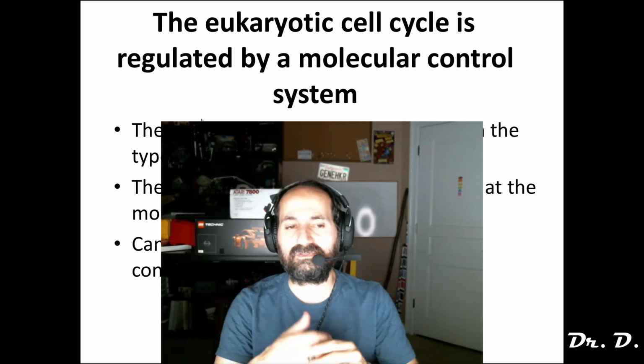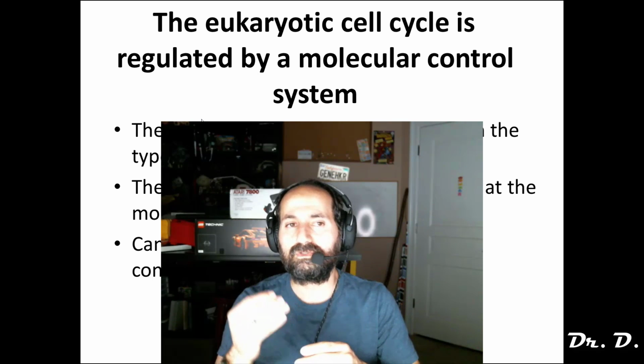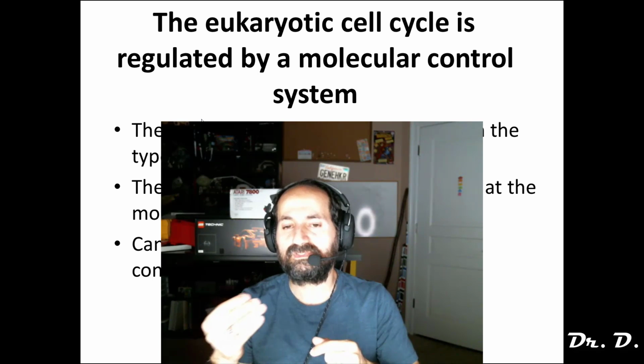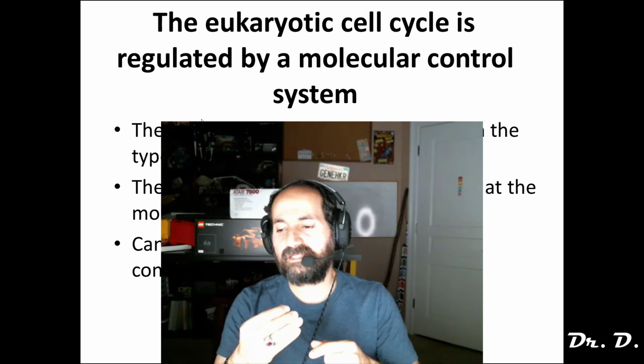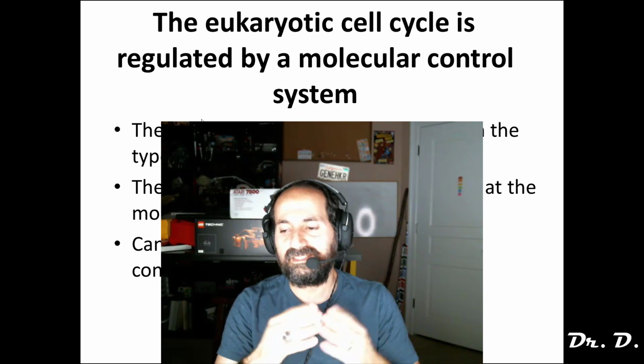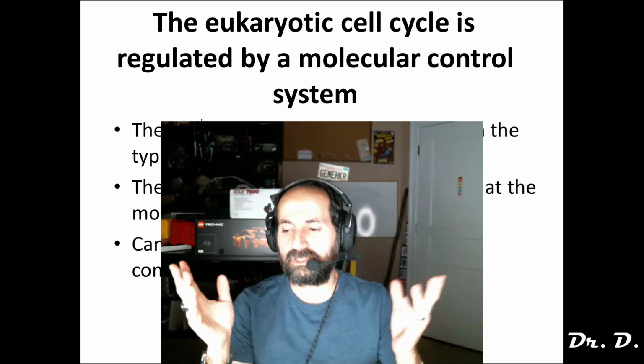That's how you get cancer. So it's very important to understand the cell cycle control system, because that's the reason why cells know how often they should divide, and that prevents things like cancer, and it promotes things like proper development, proper growth. In fact, in your body right now, some of your cells really never divide, whereas other cells are dividing pretty much all the time.